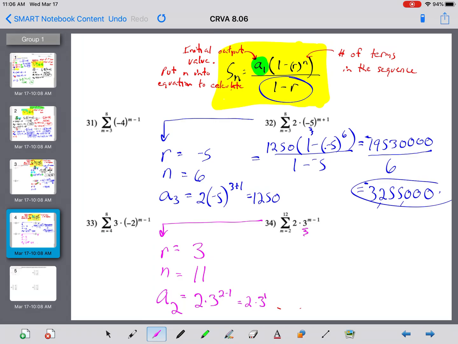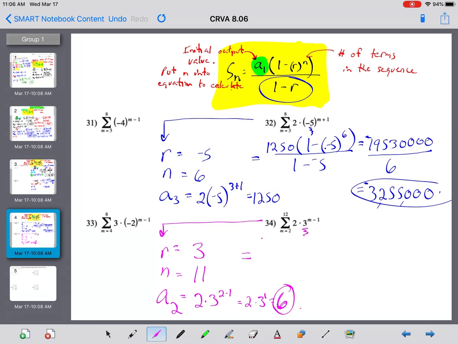I think you get 6 there, but you know what? I'm just going to double check with the calculator really quick. It doesn't hurt. Yeah, that was silly. 6. Never hurts, whatever. Been a little cobwebby lately. Alrighty, so that's my initial value.